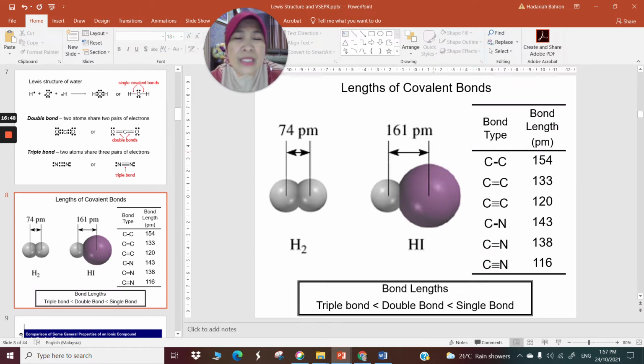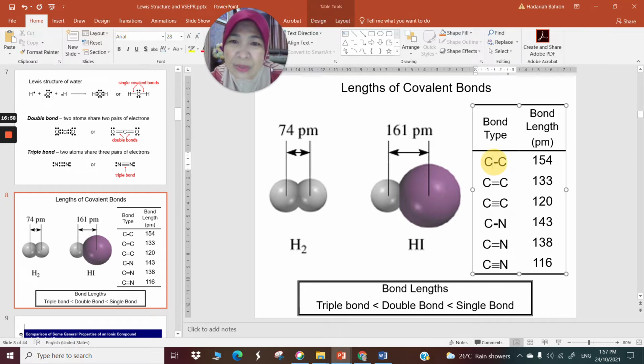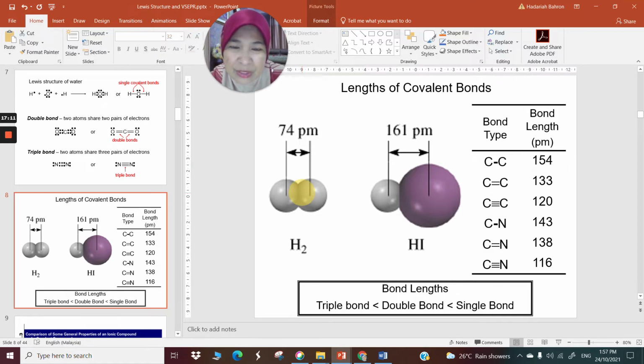Now, when we look at the covalent bond, everybody knows that a covalent bond is extremely strong. However, even though a single bond is strong, a double bond of the same atoms will be stronger. A triple bond even more so. Similarly, I'm going to show you this diagram here.